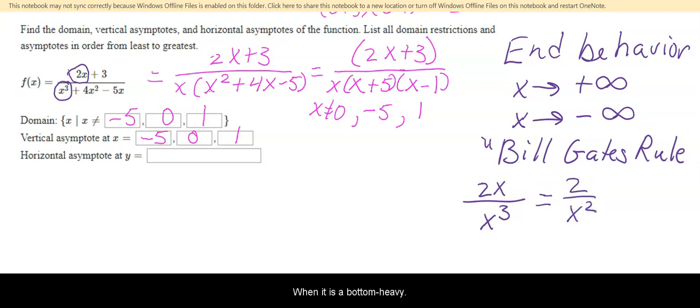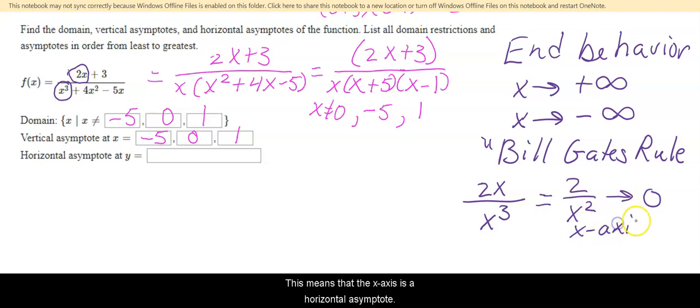When it is a bottom-heavy rational function, meaning that the degree of the denominator is higher than the degree of the numerator, it will approach 0. This means that the x-axis is a horizontal asymptote.